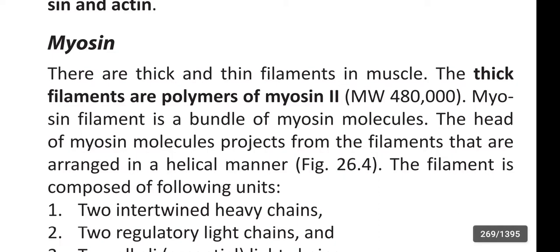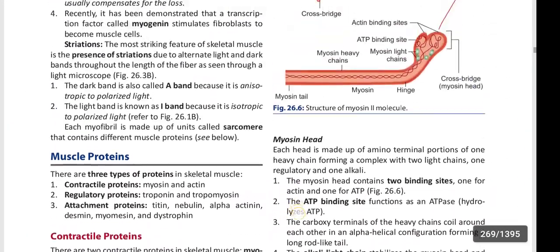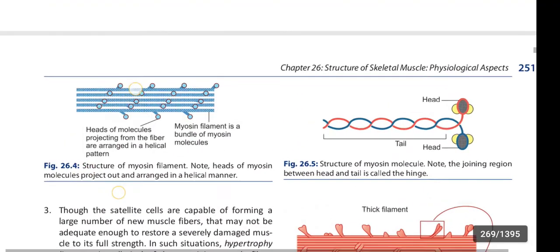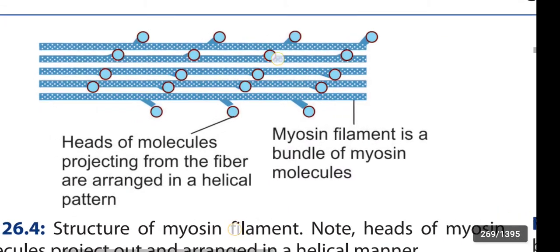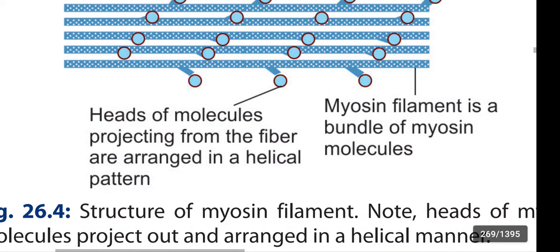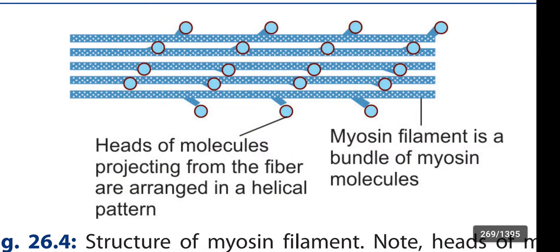The filament is composed of the following units. If you observe here, this is the structure of myosin filament. It forms the helical structure.